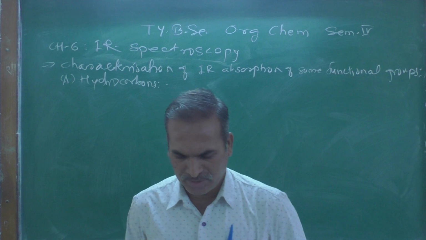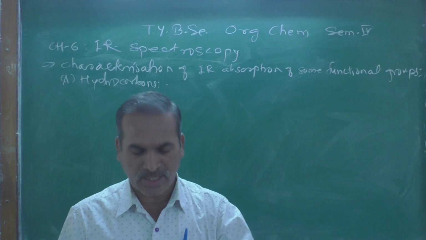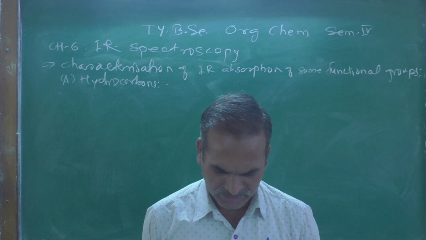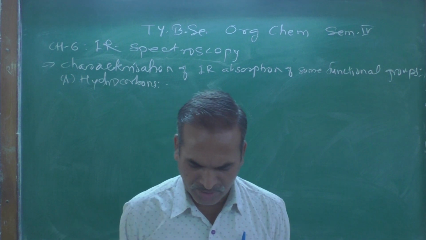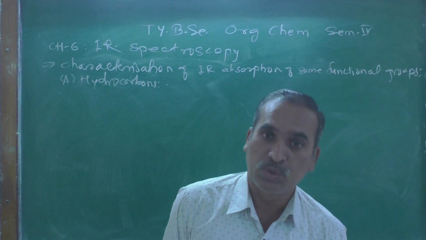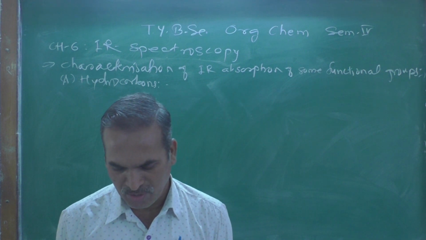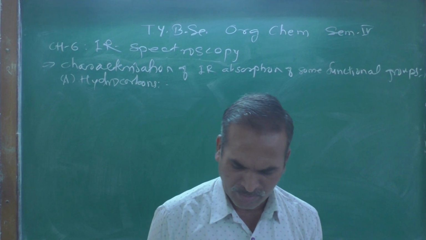IR absorption spectra of alkanes, alkenes, alkynes and aromatic hydrocarbons show characteristic absorption bands due to stretching of carbon-carbon single bond and CH bonds.